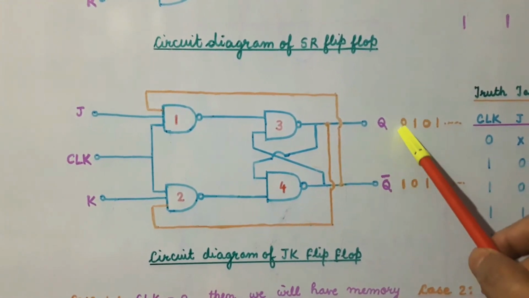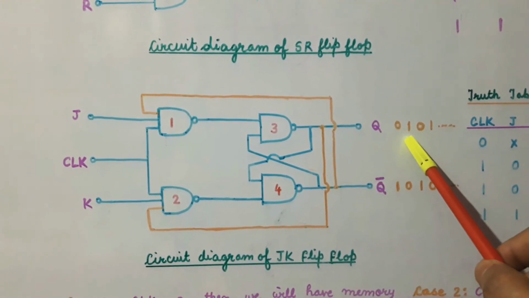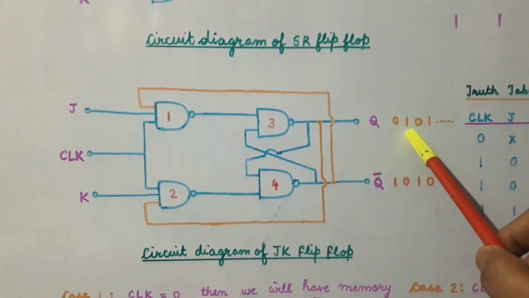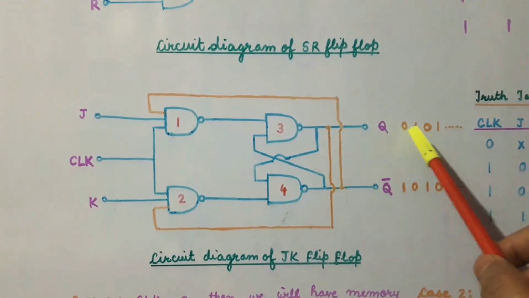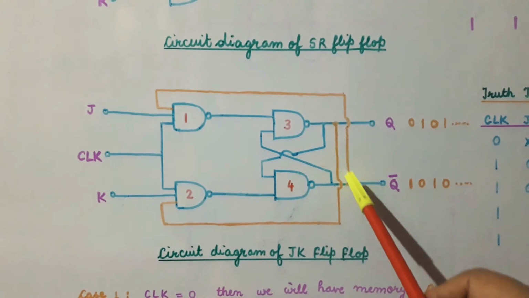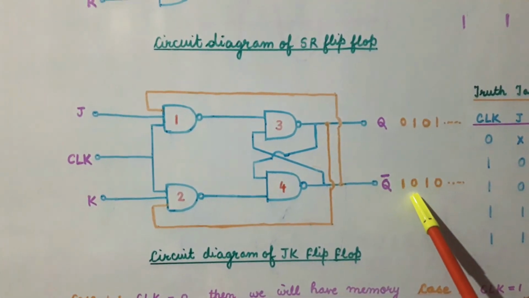So we find that the output has changed from 0 to 1. Now again if we analyze the circuit with this output, we find that the value of this input will be 1 and the value of this input will be equal to 0.